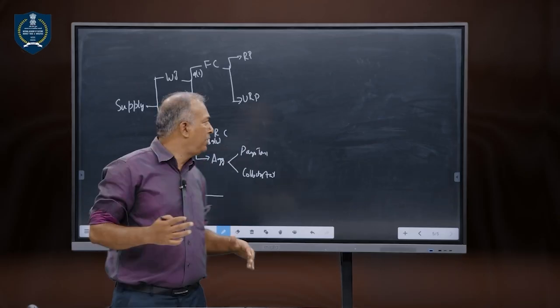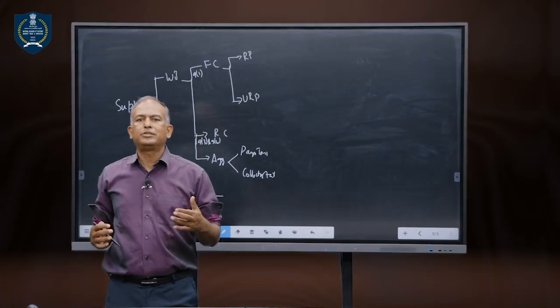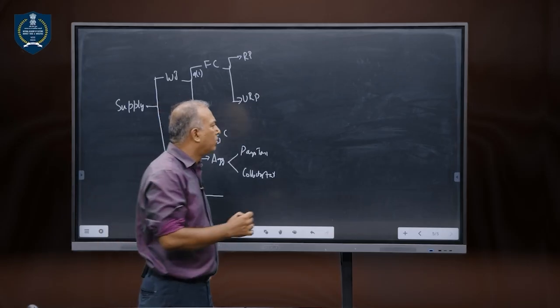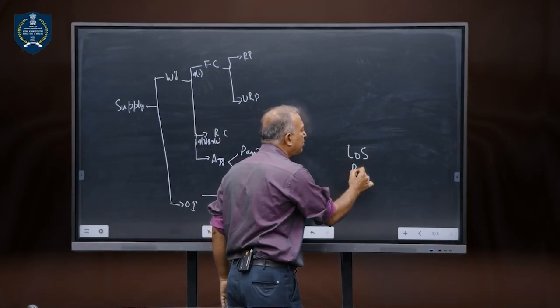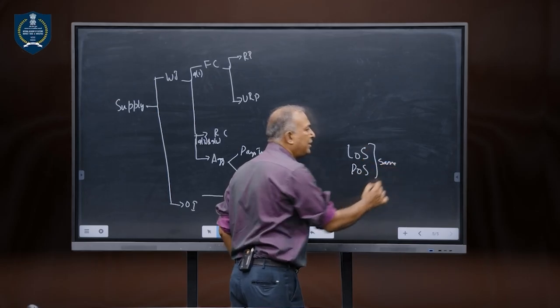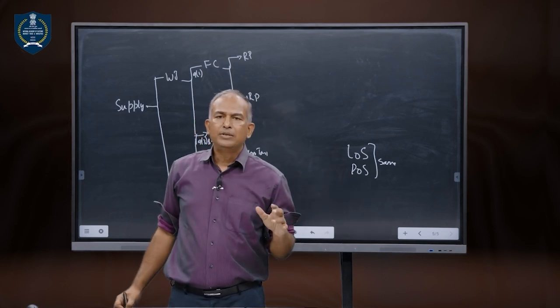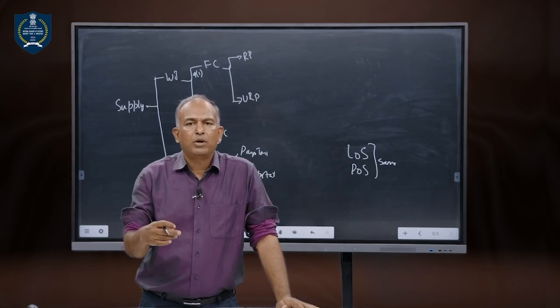Now, I want to ask you one question. If I were to ask you what is an intrastate supply, you will definitely tell me that if the location of the supplier and the place of supply are in the same state, then it is an intrastate supply. Now this is where I want to bring a small distinction.